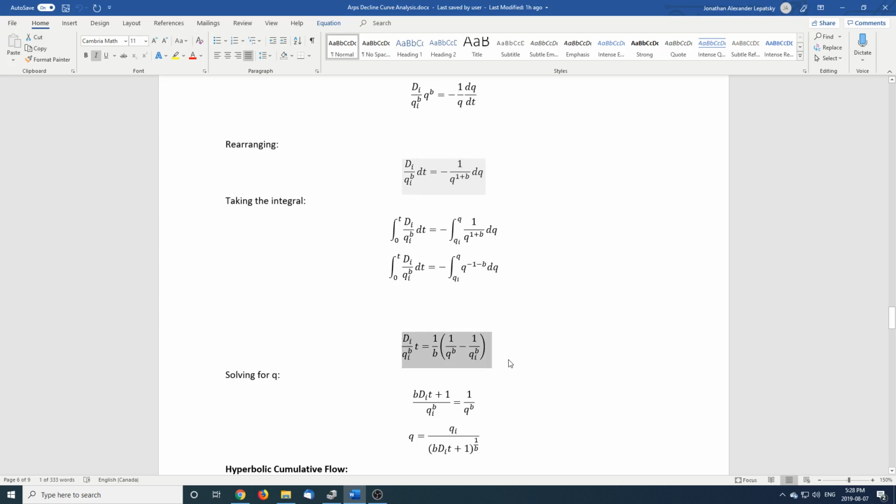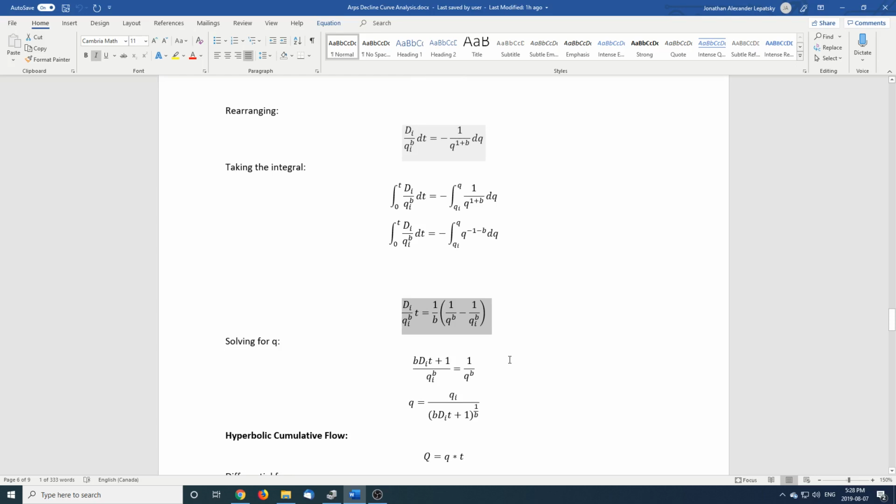And then we want to solve for q. In order to do that, multiply both sides by b to get rid of it on this side. So that's why it's in front of the Di t right here. Di t times b is b Di t. And then all you have to do is add this to both sides. Because these have the same bottoms, you're just going to have a +1 on the top there.